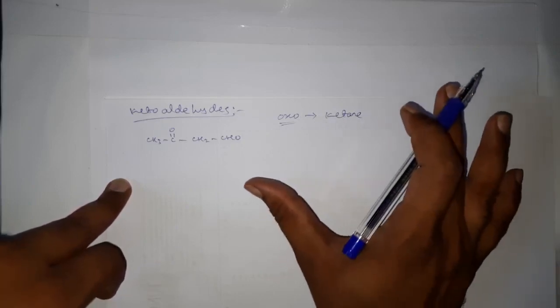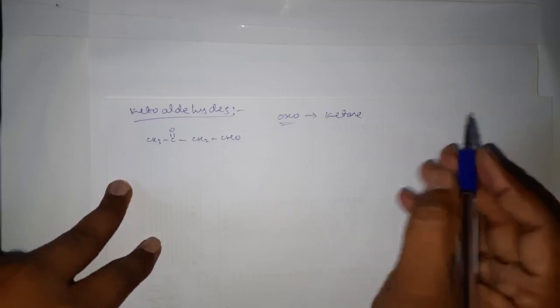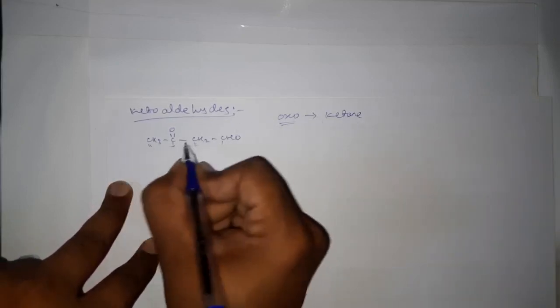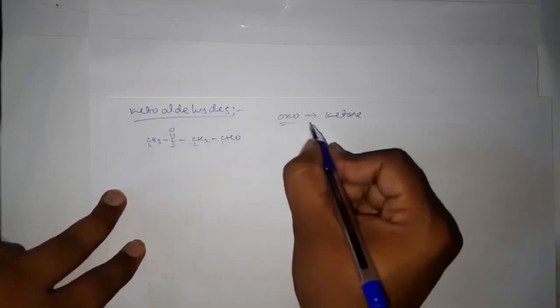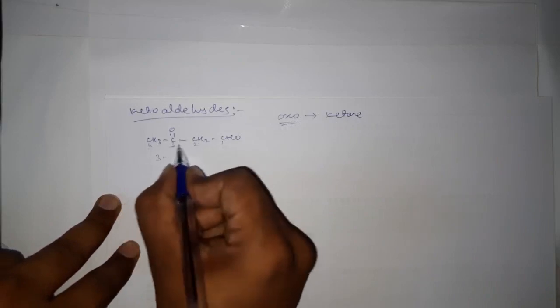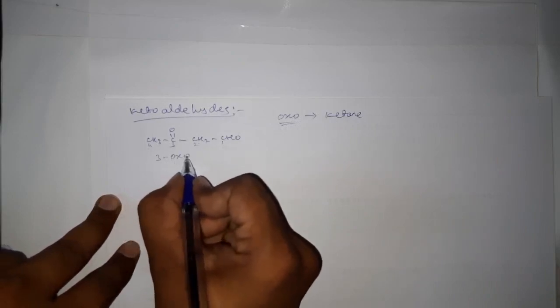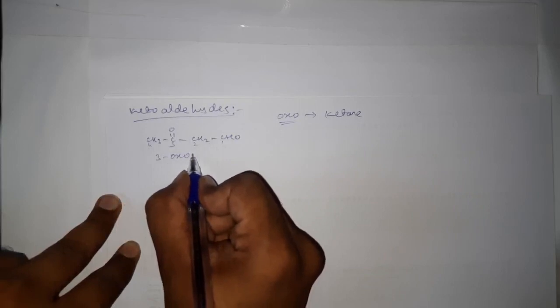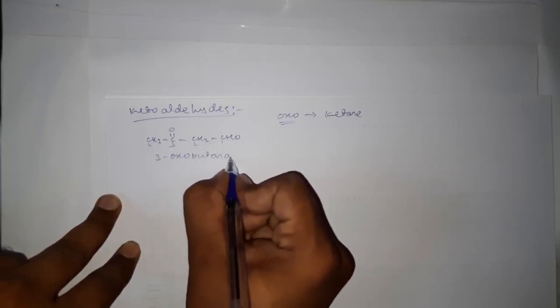suitable number also. Okay, and here we should start numbering from this carbon 1, 2, 3, 4, and on third position ketonic group is there, that is named as oxo. Therefore we have to name 3-oxo, and the parent chain is butane, butanal.